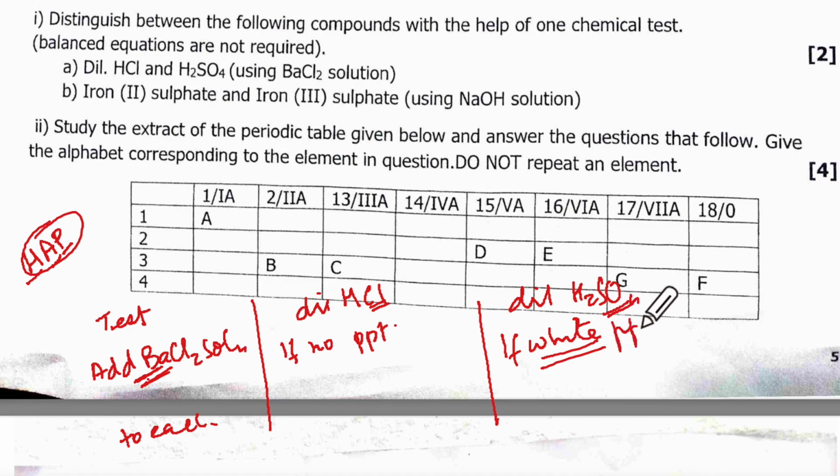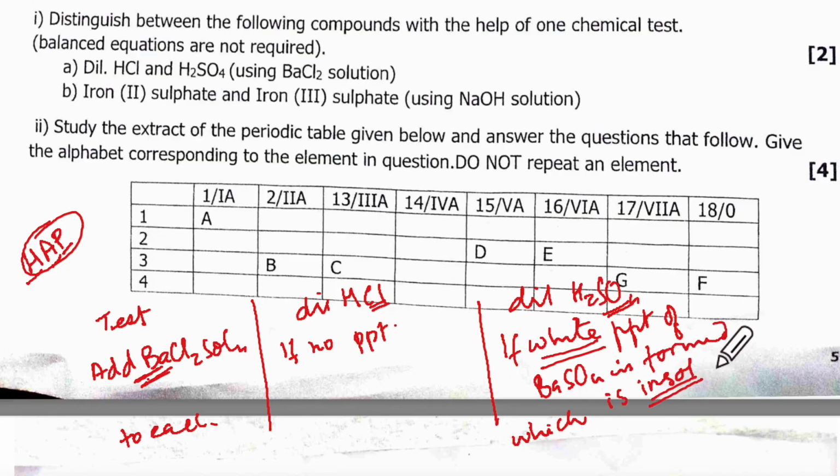If the white precipitate of BaSO4 is formed, what you'll say, which is insoluble, double underline, in dilute HCl. That is the test for BaSO4. Okay, then that will be the radical SO4 test. So then SO4 2 minus present.